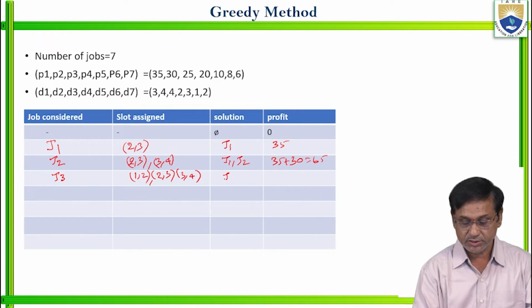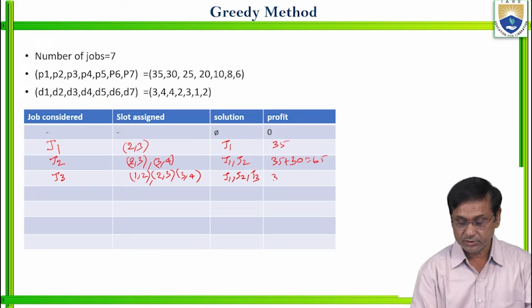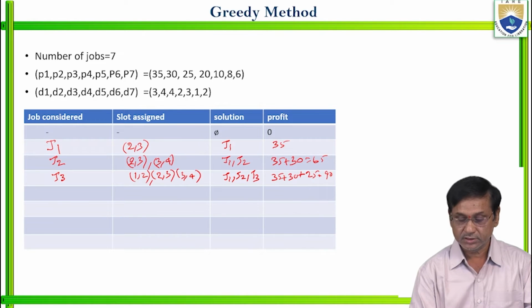So that is J1, J2, J3. The solution: 35 plus 30, the profit corresponding to the third job is 25, so that it is 90. 65 plus 25 is 90.